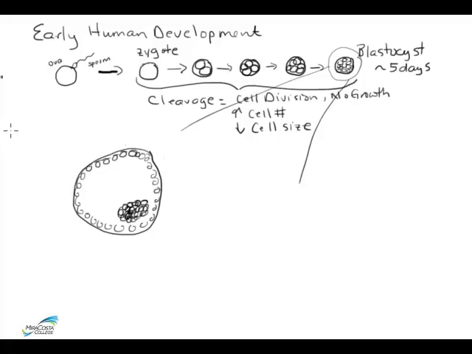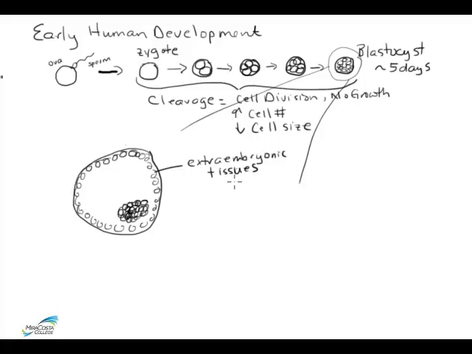And this stage actually marks the first time during development where the cells in this early embryo have different fates, right? So these cells that make up the outer layer of the blastocyst are going to form what are called extra-embryonic tissues. And by extra-embryonic, I mean outside the embryo.